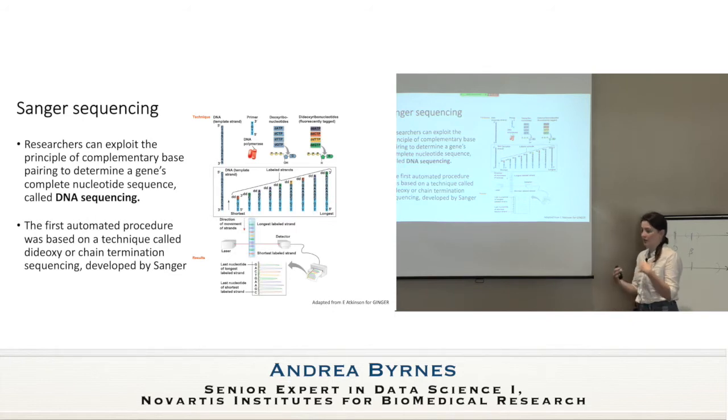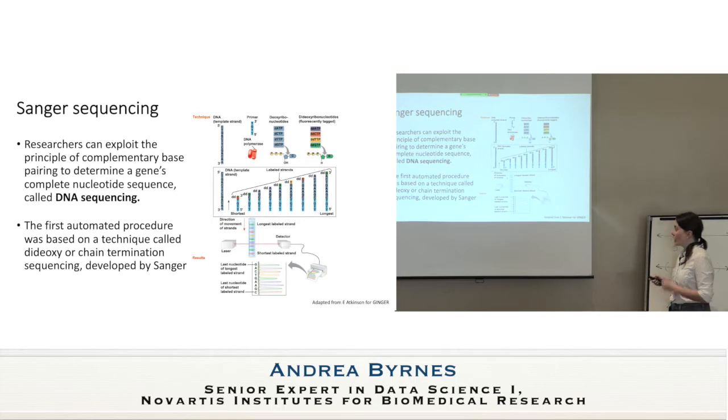And I think we'll understand why it took so long and why it was so expensive when we walk through how Sanger sequencing works. So all of these sequence methods are going to use some component of that complementary base pairing mechanism that we've talked about in the previous lectures. And they're going to use that to determine some unknown sequence or some unknown base.